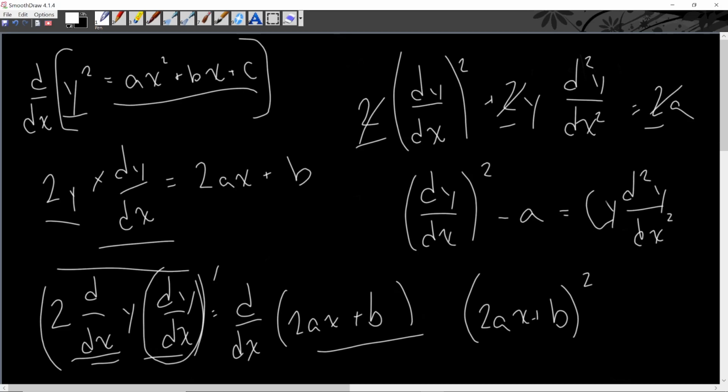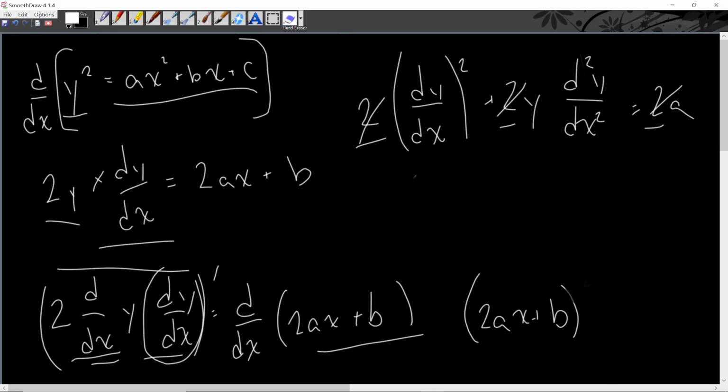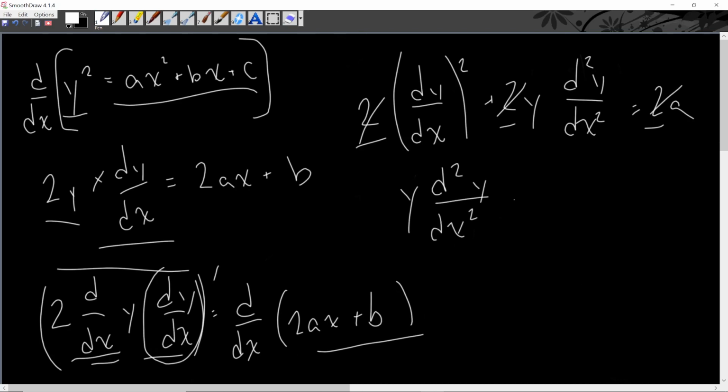Wait, what? Oh, no, signs are wrong. Okay. So this is going to be y d squared y dx squared is equal to a minus 2ax plus b squared. Just plug this into that.